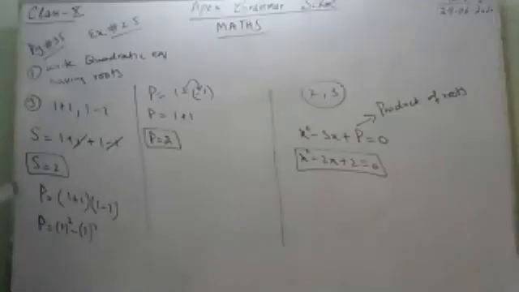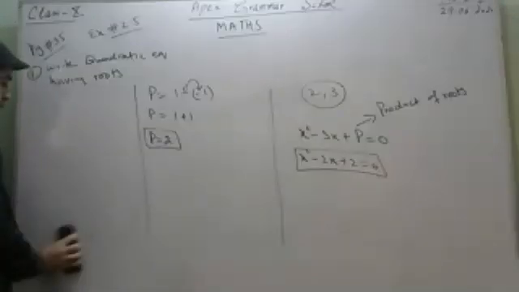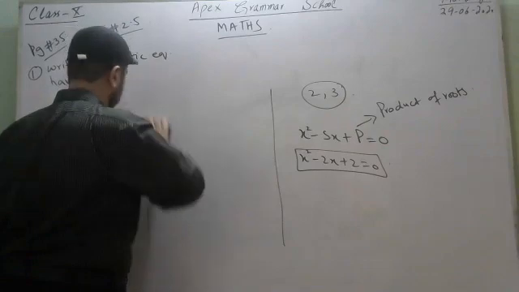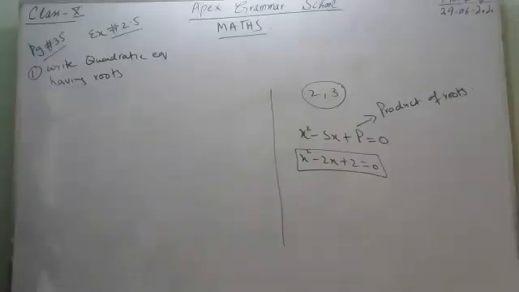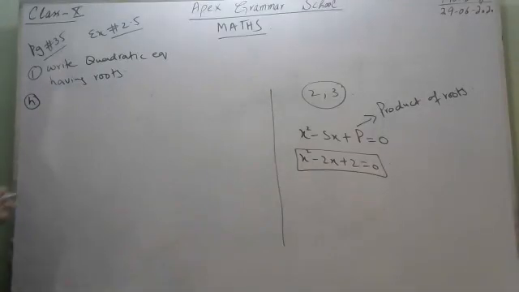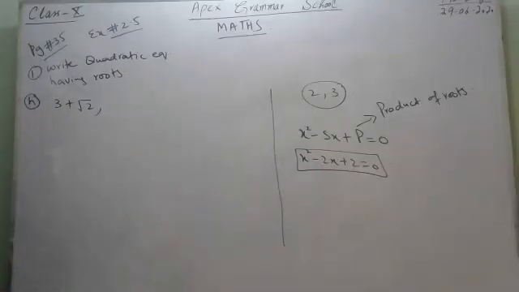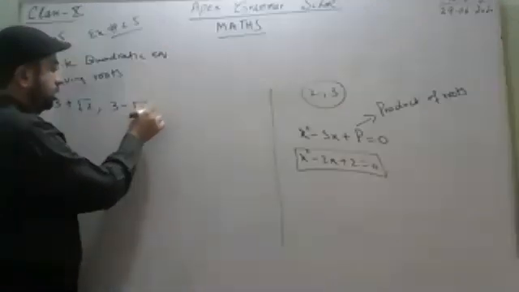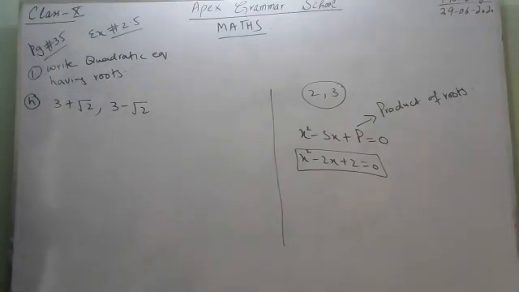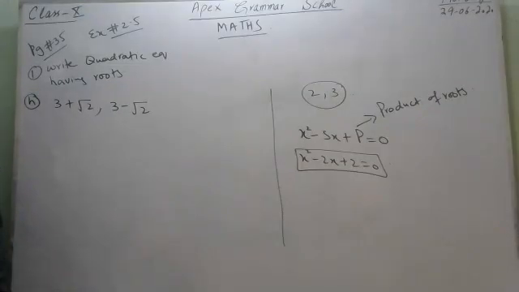And the last part is also the same one, part H. First root is 3 plus square root 2, and the second root is 3 minus square root 2. We don't have to be confused about it because we have already acknowledged that the roots can be rational, the roots can be irrational, the roots can be imaginary.